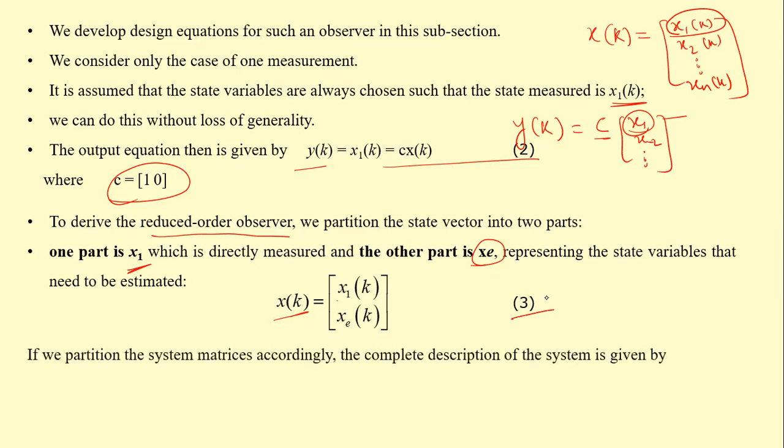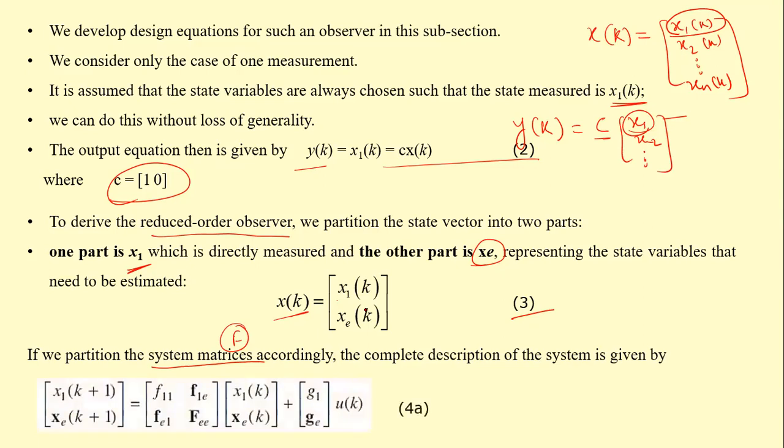Now, we partition the system matrix, that means the F matrix, and the G matrix can also be considered, though it is an input matrix, right? So we have a new kind of representation of the given system. What did we do? We kept this x1k as it is, right?